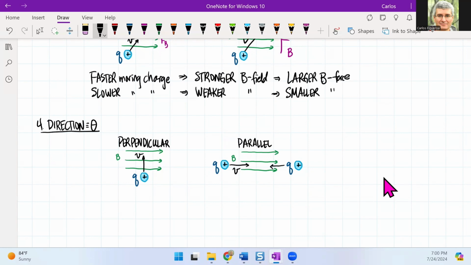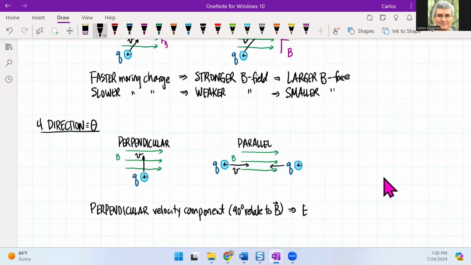It turns out that the cross product says this: if we have a perpendicular velocity component, and that has a very specific meaning, which is 90 degrees relative to the magnetic field direction, that tells us that it will experience a magnetic force.